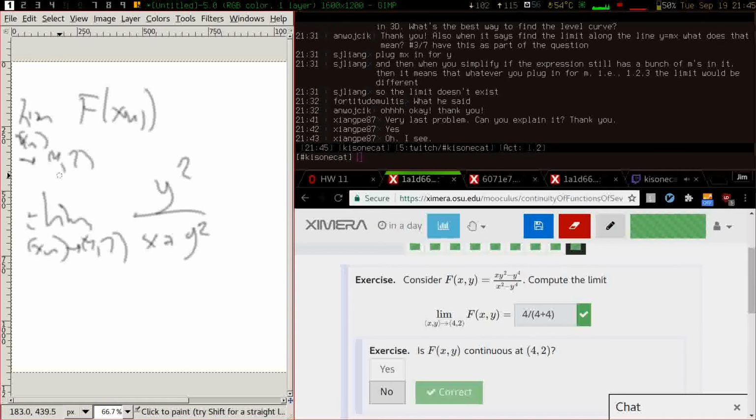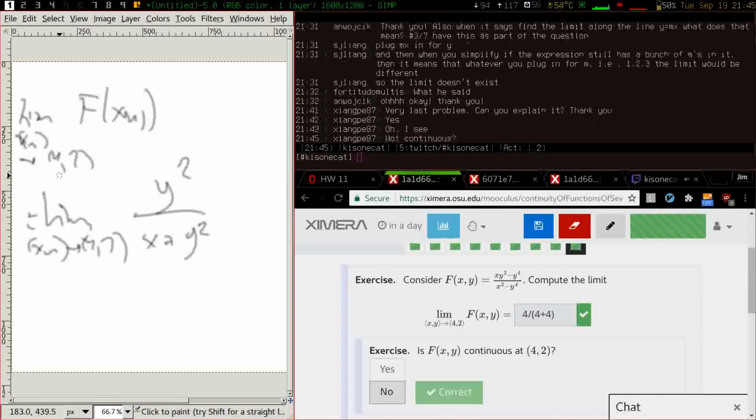The only other tool would be the squeeze theorem, but we're not really doing too much with the squeeze theorem for these. Sorry, I didn't talk about the second part of this problem here. This thing's not continuous because this thing isn't even defined at the point 4, 2. I can't plug in 4, 2 here because the denominator vanishes and I'm not allowed to divide by 0. So the function big F isn't defined at the point 4, 2.